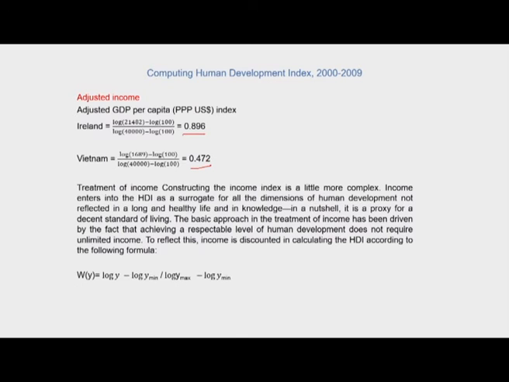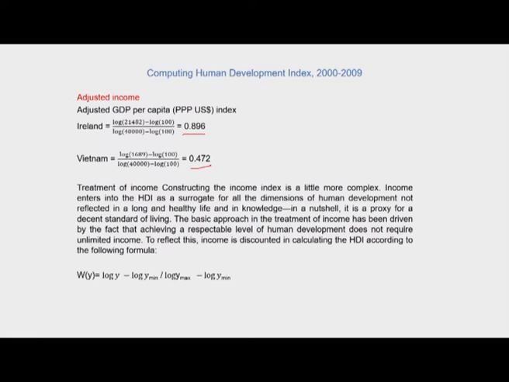So this is the income utility function, which is given by log y minus log y minimum divided by maximum minus minimum. And one of the reasons, as I have already mentioned, the treatment of income is a little more complex, because income enters into the HDI as a surrogate for all dimensions of human development, which is not reflected in long and healthy life and in knowledge.